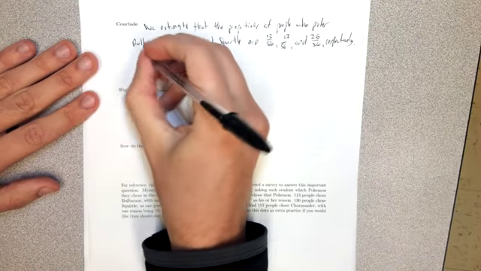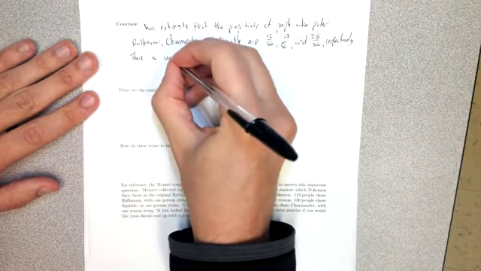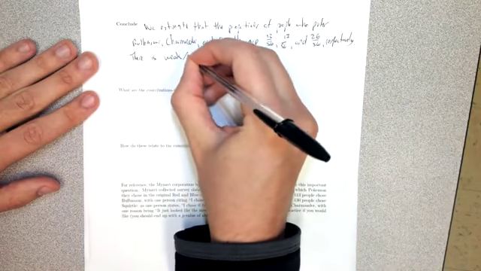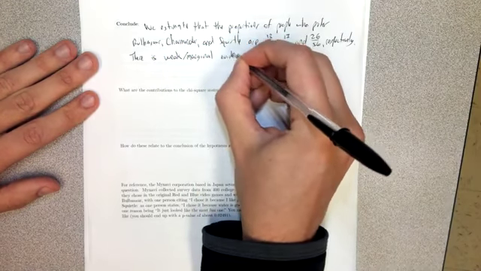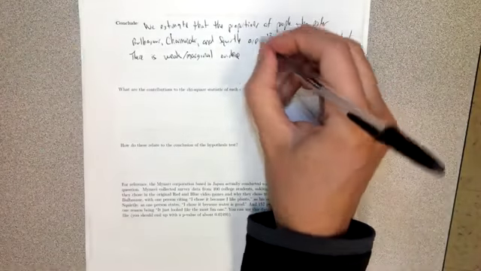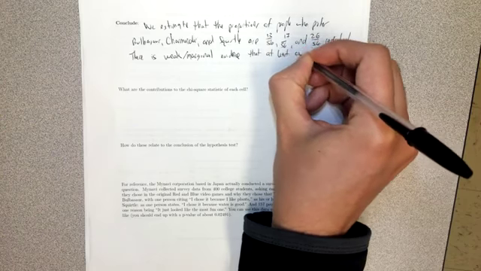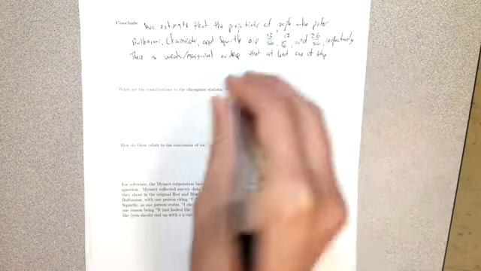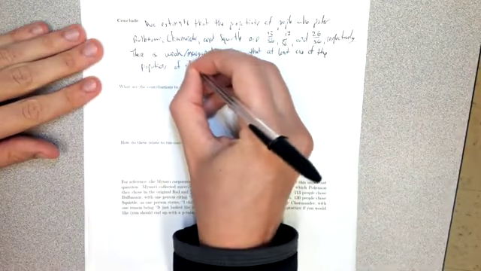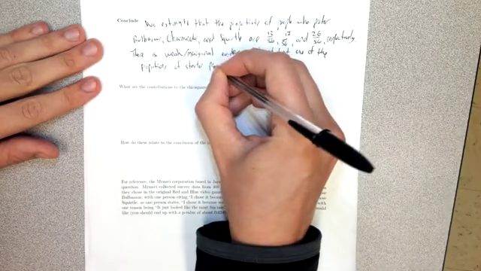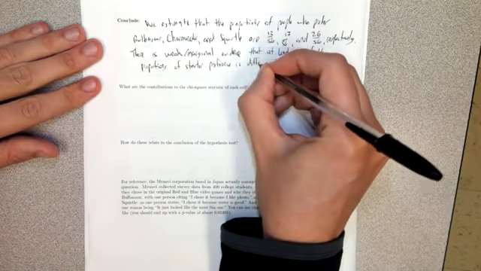And now we just want to say how much evidence we have for our alternative hypothesis. And so we want to say that there's weak or marginal evidence, and we want to state what our alternative hypothesis is in context of the problem, so that at least one of the proportions of starter preference is different than a third.